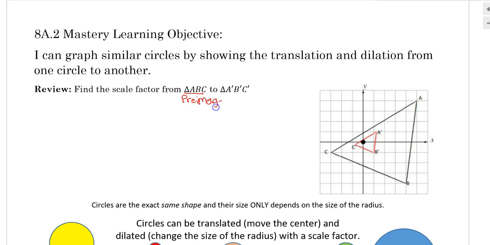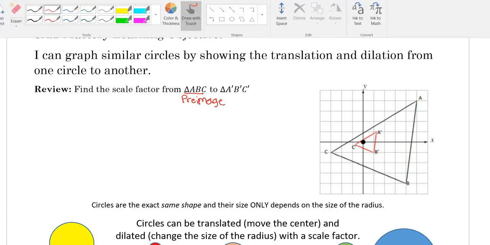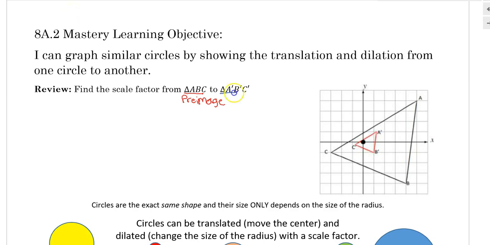There we go. Our pre-image comes first, and our image always comes second. Okay. So I'm going to pick a point in my pre-image and a point in my image. And then remember, K equals image over pre-image.